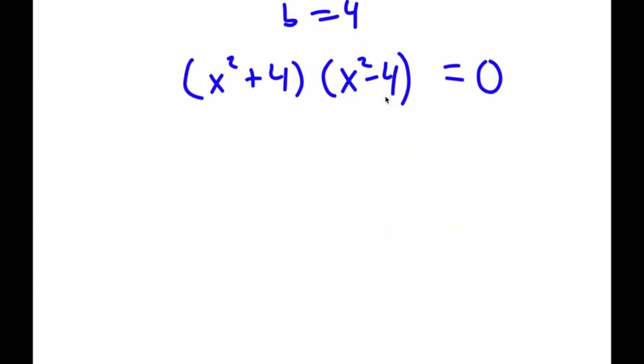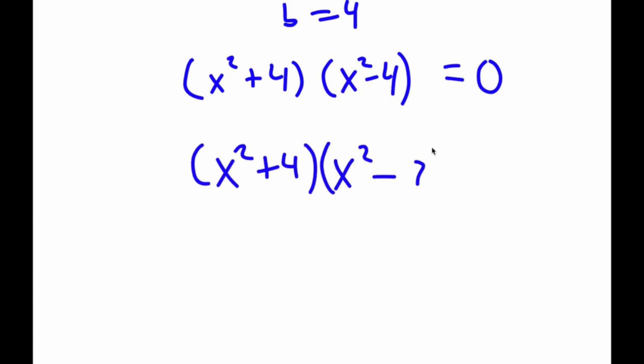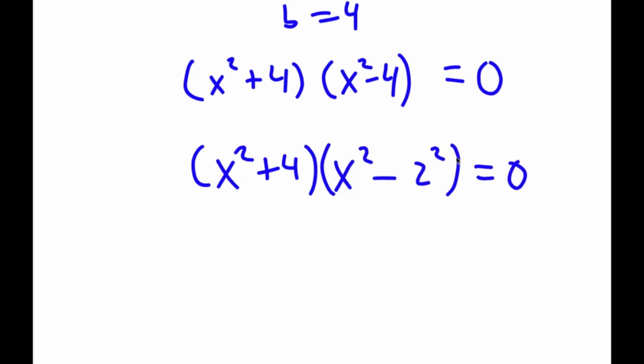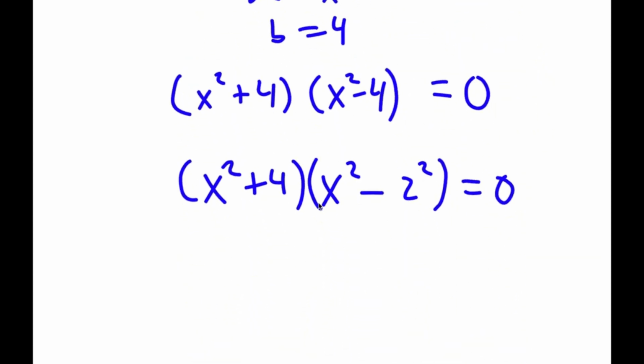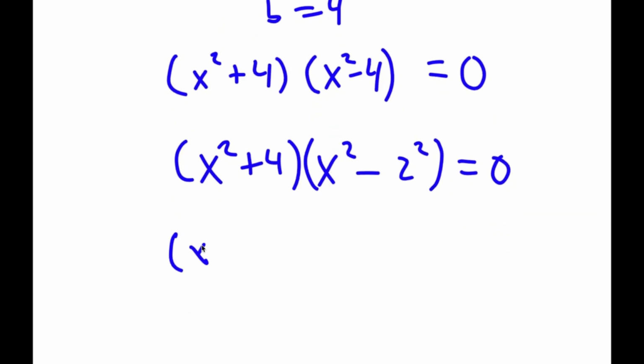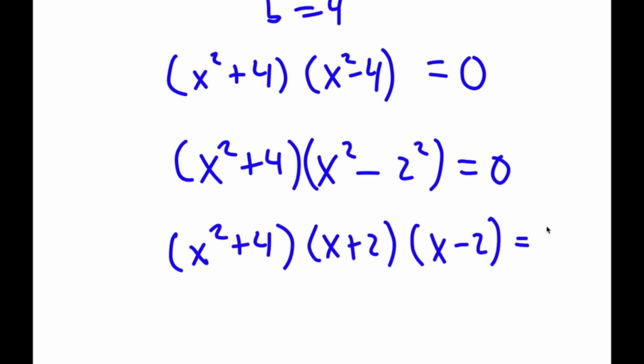And now for x squared minus 4, I can rewrite that as x squared minus 2 squared. And again, remember if I have something in the form a squared minus b squared, this is equal to a plus b times a minus b. So x squared minus 2 squared, that's going to equal x plus 2 times x minus 2, which is equal to 0.